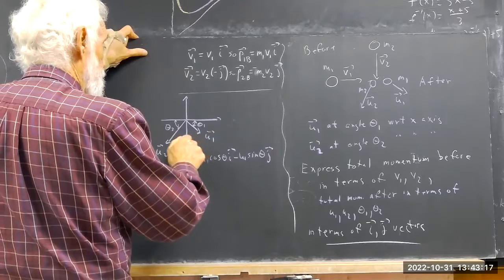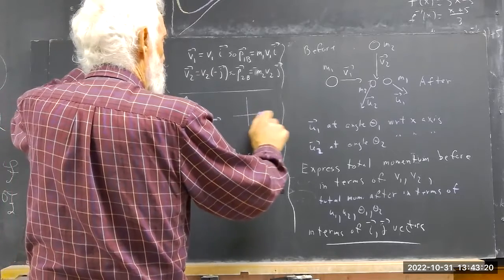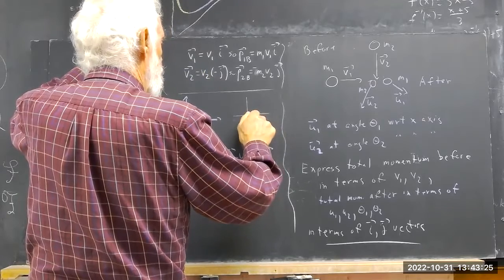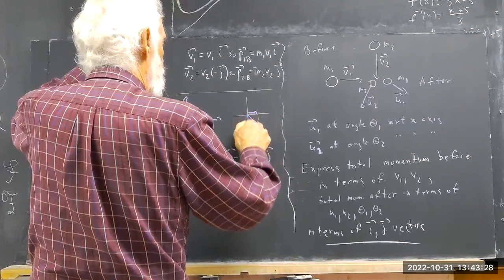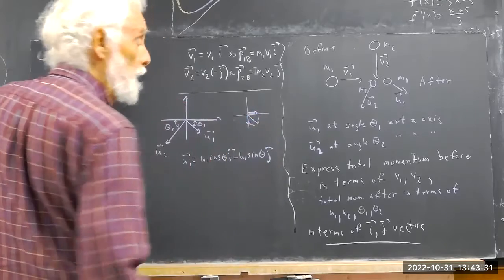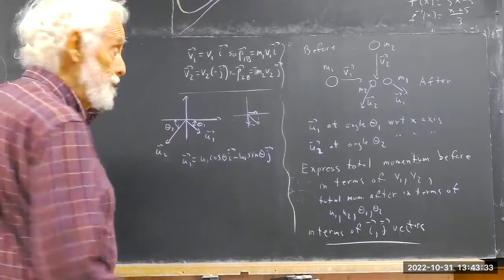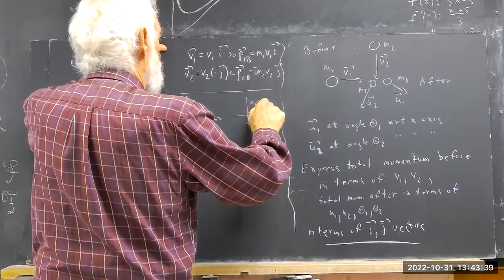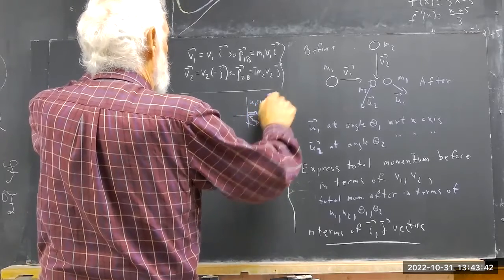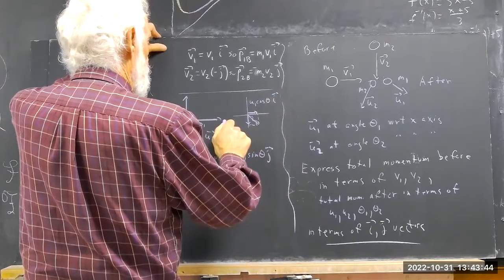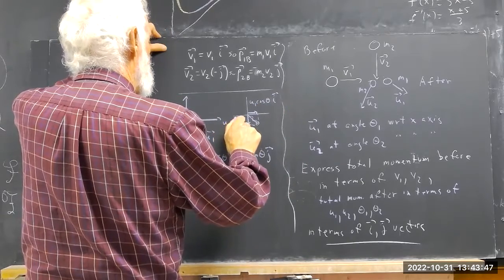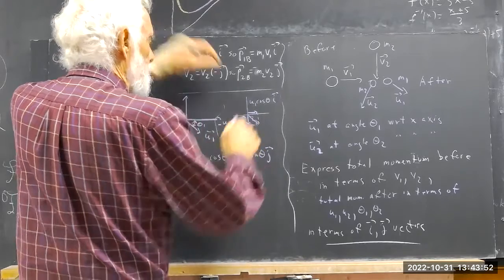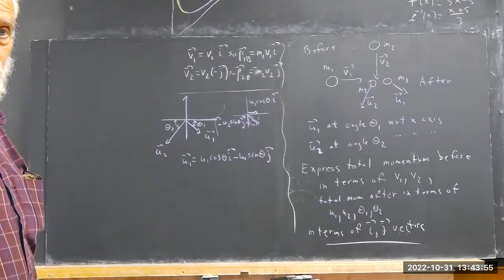Here's U1, and here are the components of U1. So we're going to say this is U1 cosine theta 1 times I. And this one here is U1 sine theta 1 times J, but it's got to be negative because it's down.